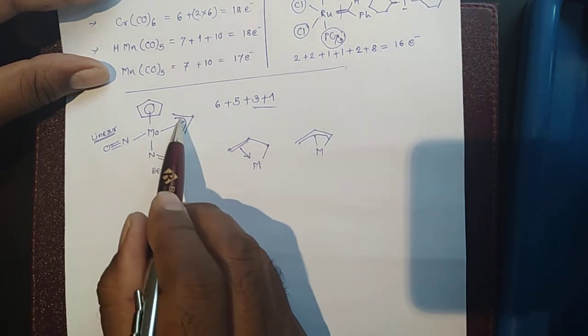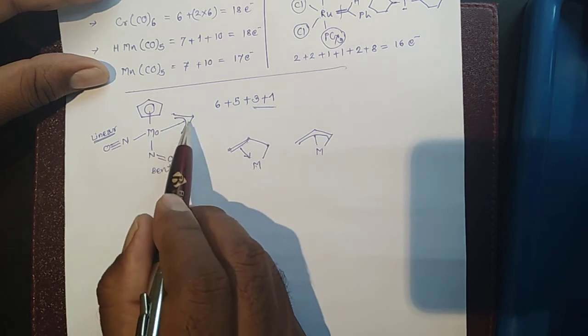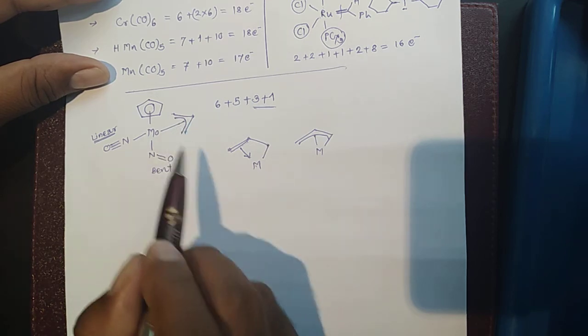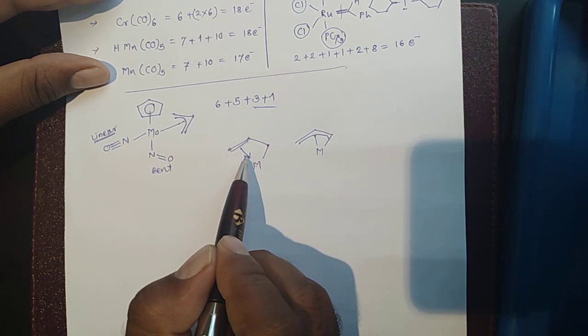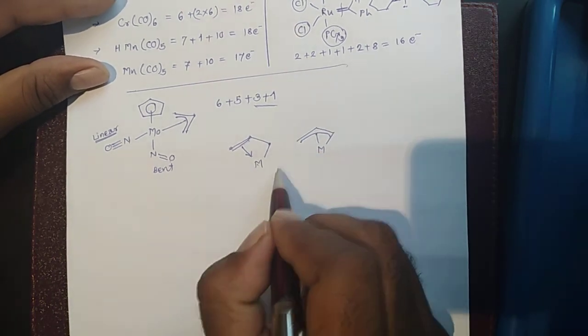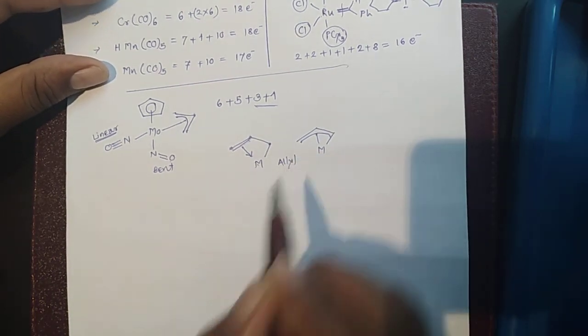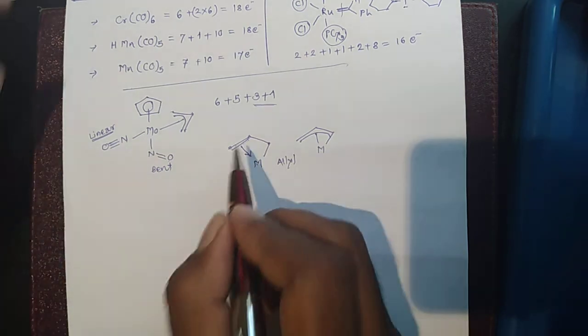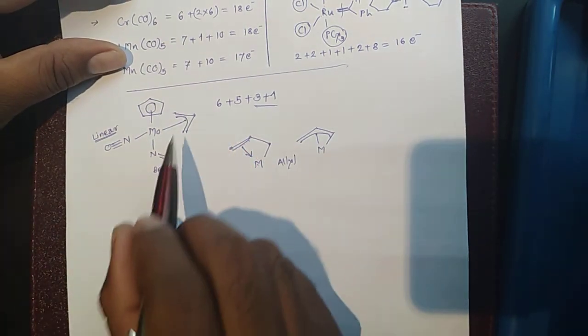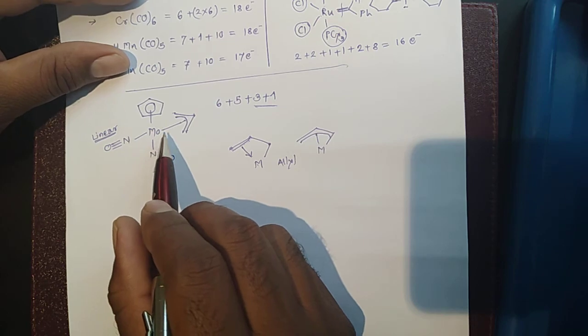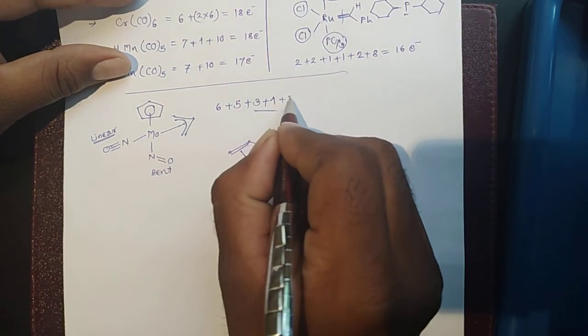So this ligand is also very good in capacity, or we can see this is an allyl type of ligand, and this will provide electrons to the metal. How many? 3.